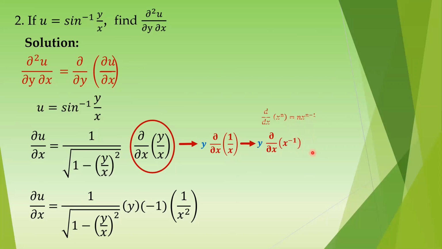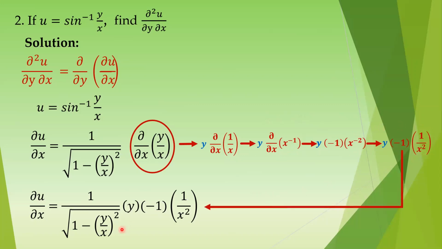Then, we will have y times negative 1 times x raised to negative 1 minus 1, negative 2. Then, simplify natin. Reciprocal lang ito para maging positive yung exponent niyan: 1 over x squared. Kaya tayo nagkaroon ng ganitong sagot dito. Y times negative 1 times 1 over x squared.